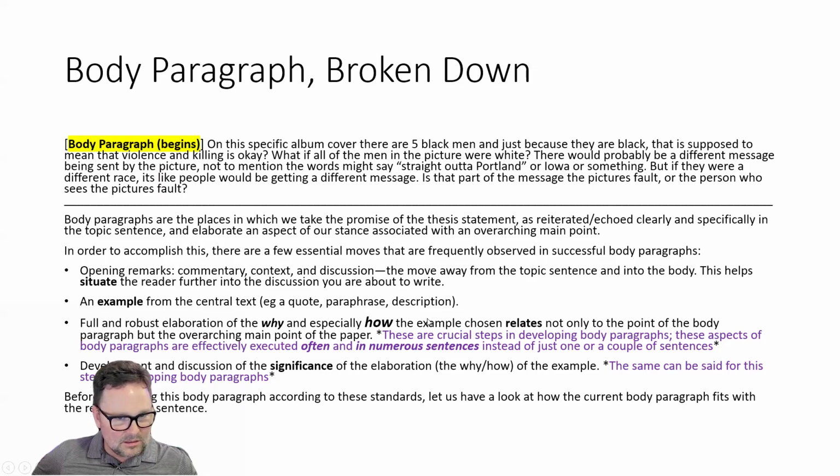And this is one of the reasons why this body paragraph fell so short. I want full and robust elaboration of why and how the example chosen, in this case the five men on the album cover, relates not only to the point of the body paragraph, but the overarching main point of the paper.